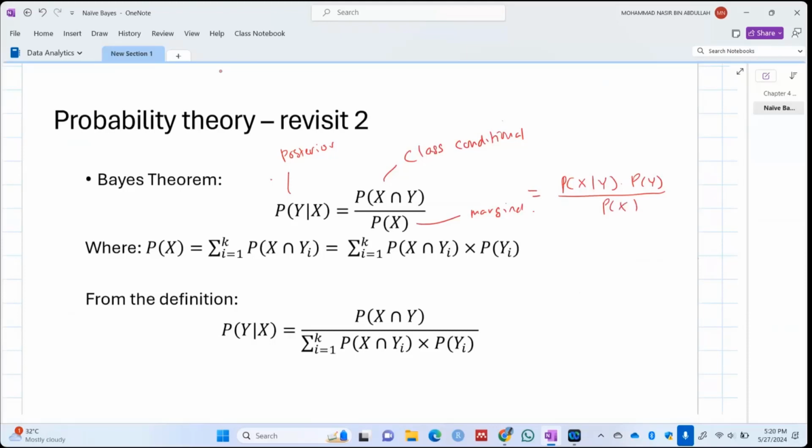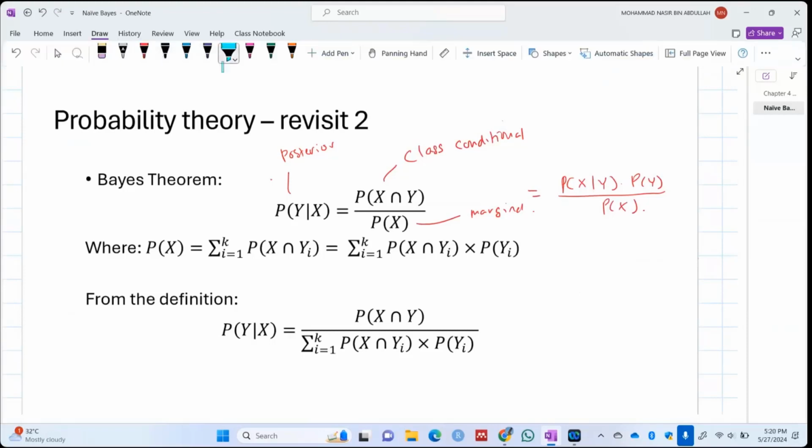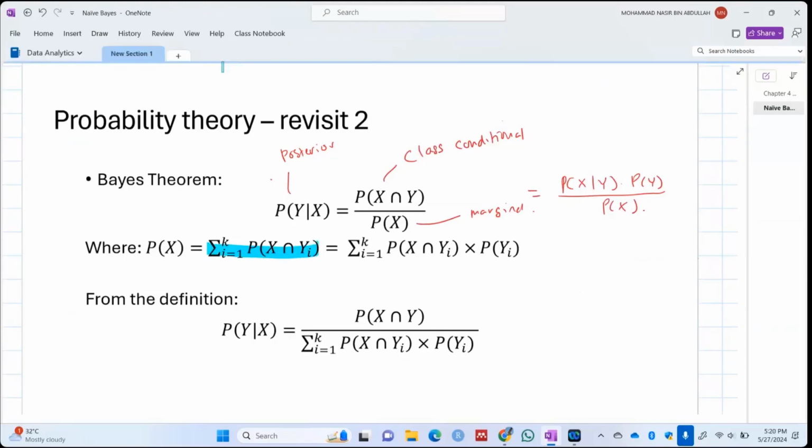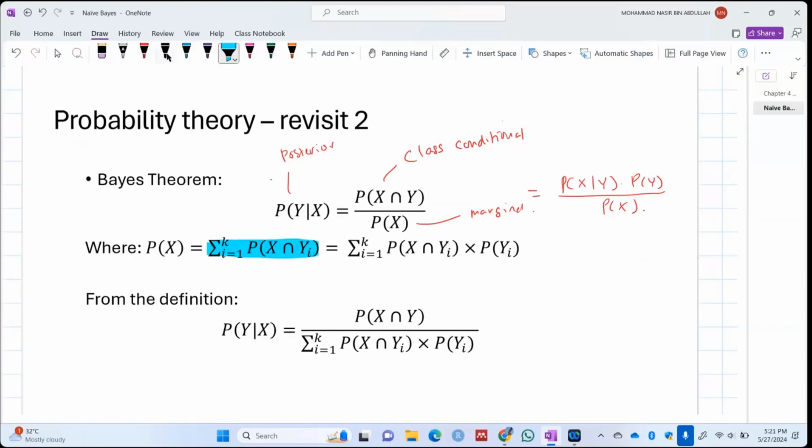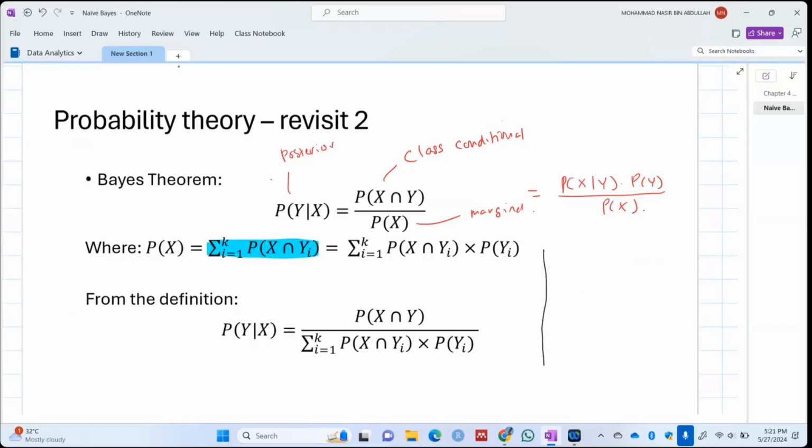of x, right? So probability of x is equal to the summation of intersection with x, right? To understand this, let me draw one lake. Let's say, assume that this is a lake, right?